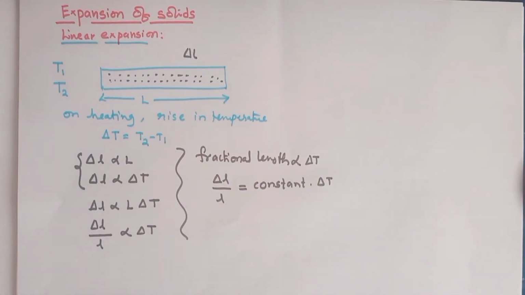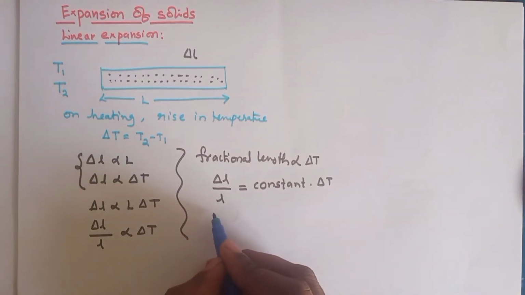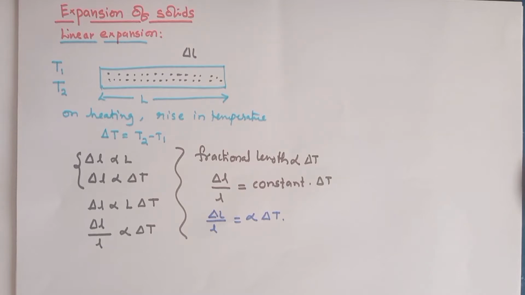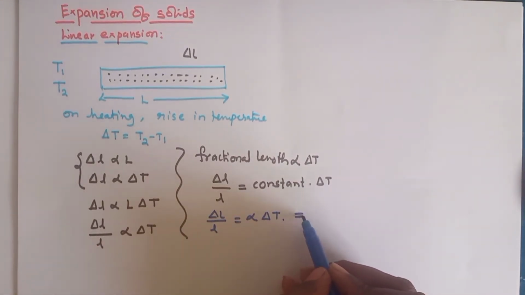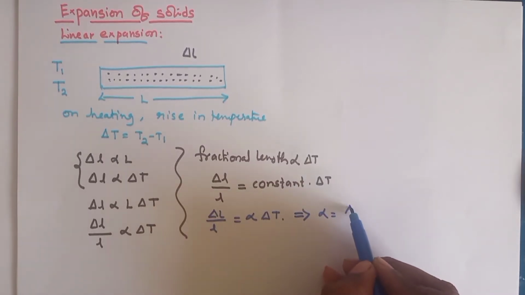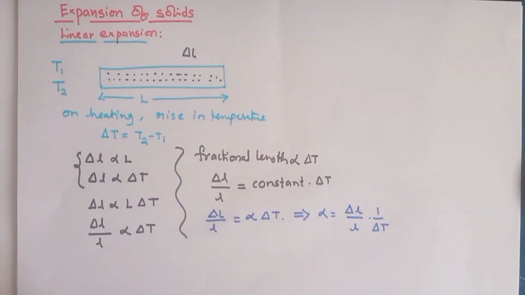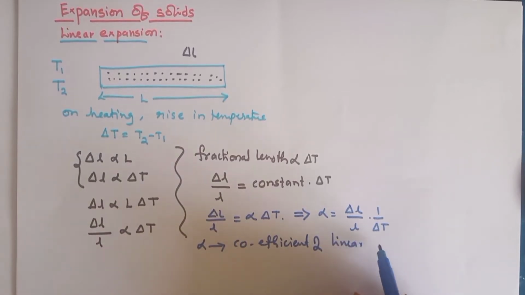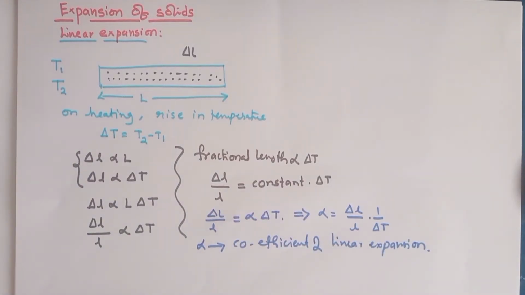What is that constant? I would write it as alpha, or A1 in some textbooks. Delta L by L is equal to alpha into delta T. From this, alpha is equal to delta L by L into 1 by delta T. Alpha is called the coefficient of linear expansion.